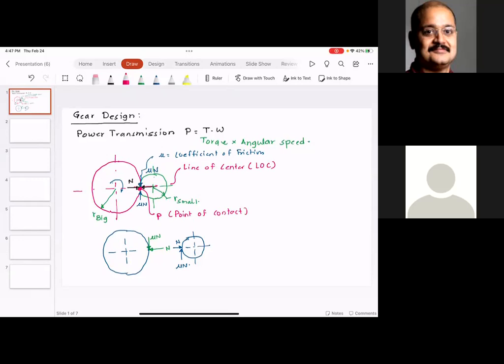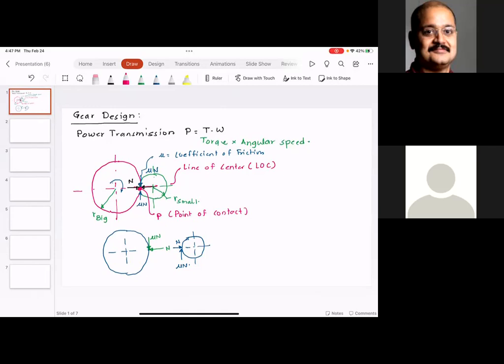And before I even explain law of gearing or anything for that matter, I want to ask you something like this. Do you agree with me that when the power transmission is smooth, which means the big wheel is rotating the small wheel, the point of contact, POC, is on the line of centers? Let me repeat.